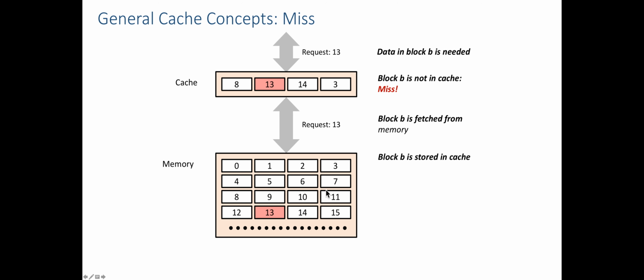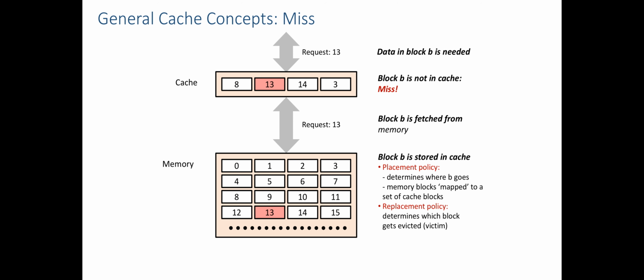The cache is always smaller than our main memory by a large way. That's what these dots are indicating, that main memory is even bigger. So when we choose to place a new requested block from a miss into the cache, there has to be some sort of placement policy.